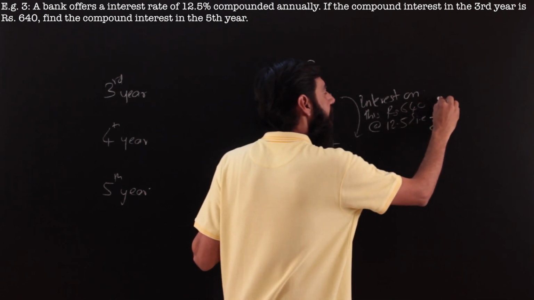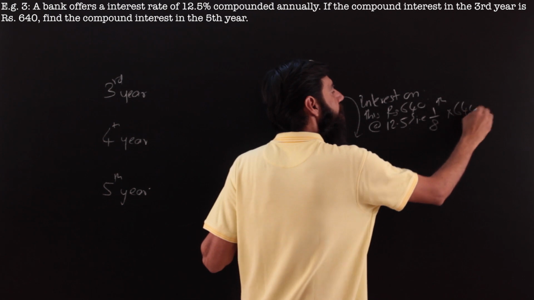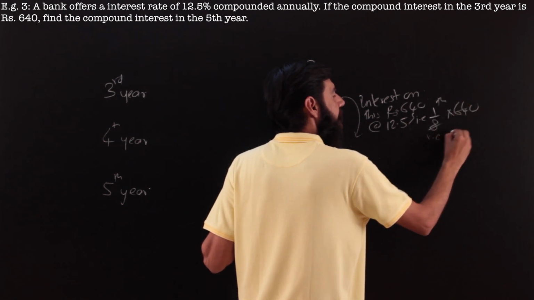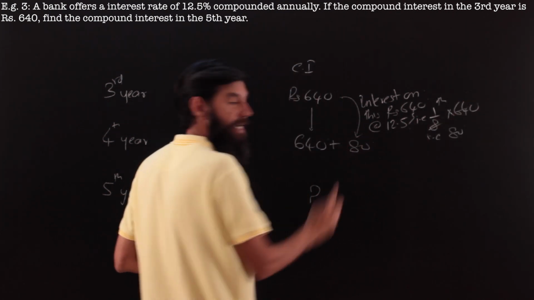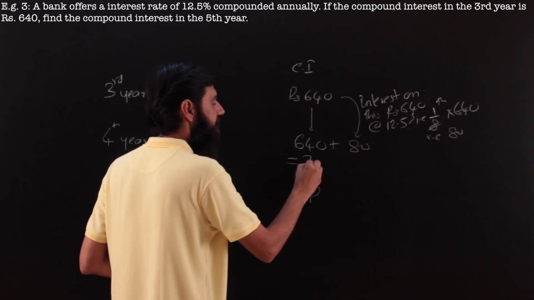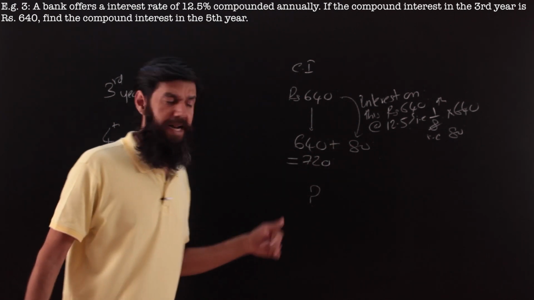So I'll be getting 1/8 of 640, which is going to be 80 rupees. So this extra is going to be the 80 bit, and so 640 plus 80 is 720, right?